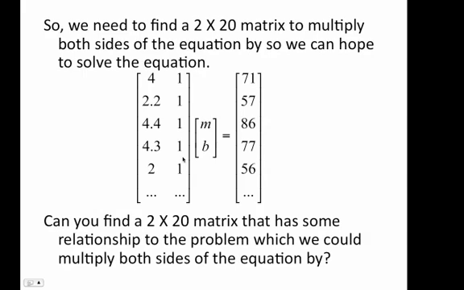Now the big question is, can we find a 2 by 20 matrix that has some relationship to the problem that we could multiply by on both sides to maintain that equality in this matrix equation? Well, it turns out that we do have that.